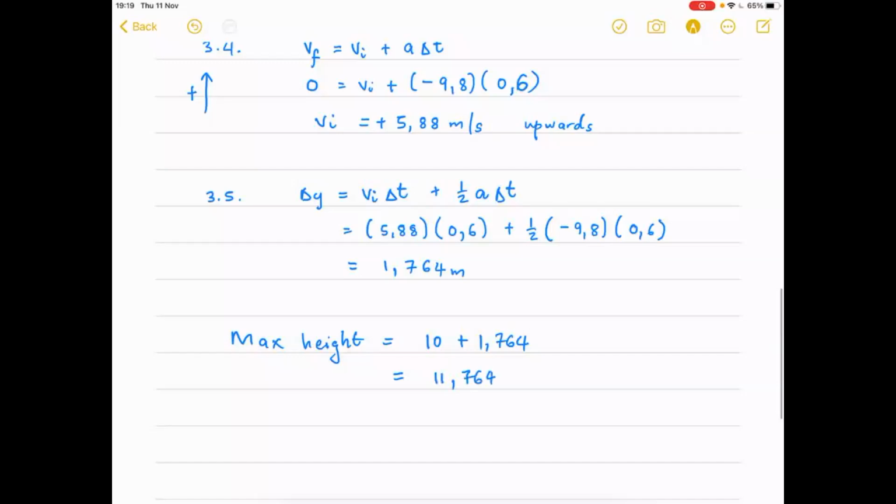There's a student who's raising their hand. Yep, sorry, just in your equation here in 3.5, please just check. I think you forgot to put a delta t squared at the end there. Okay, time, yeah, it's squared. Yes, thank you.